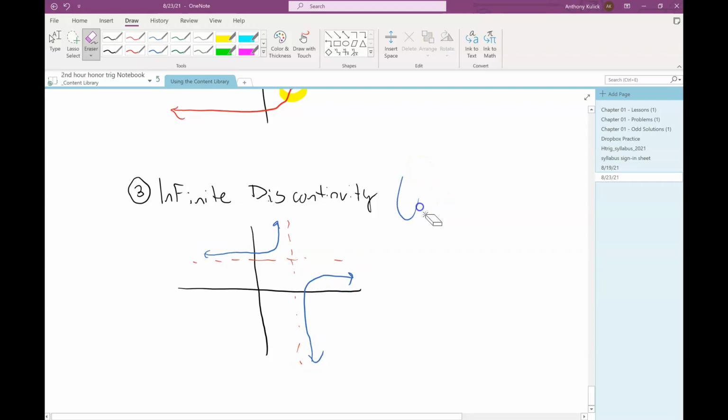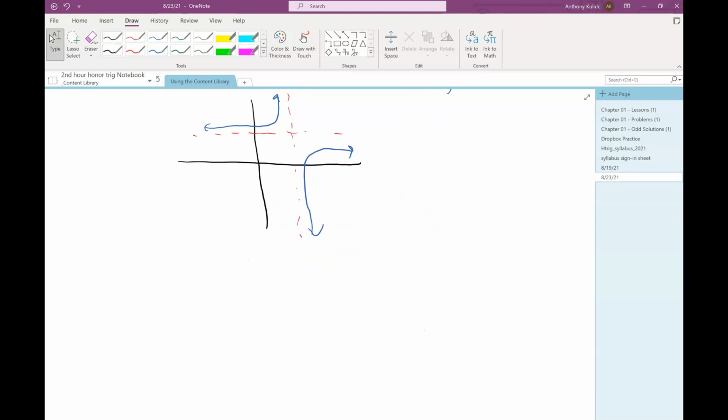So an infinite discontinuity is really just a vertical asymptote. So far, so good? Still doing okay? Okay, still have lots of time. So let's do a couple of examples and then we'll get out of Dodge here.